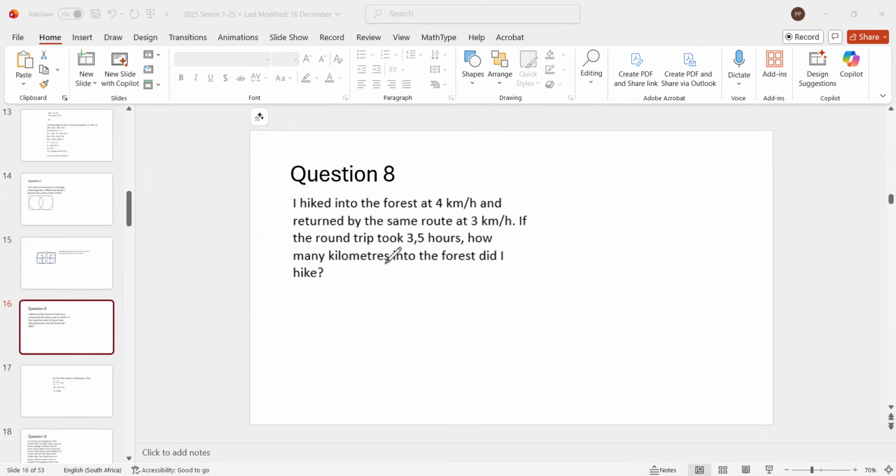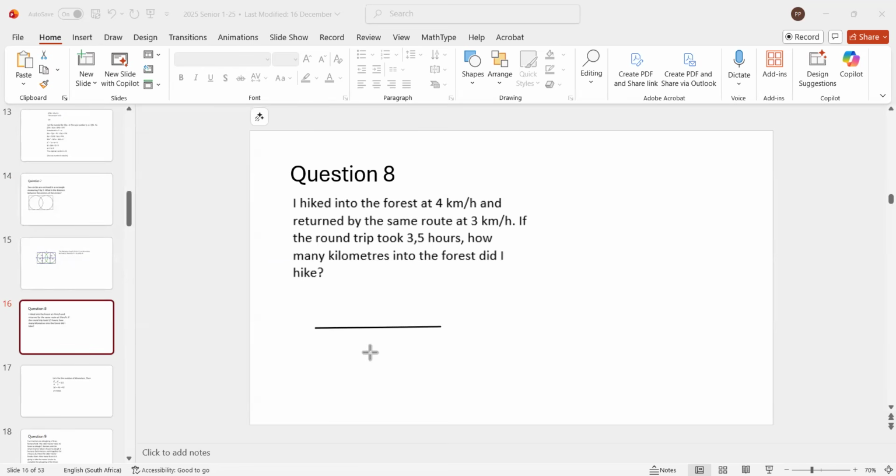I hiked into a forest at 4 kilometers per hour. Okay, so in all these distance-time problems, I like to draw some diagrams to represent the paths that these objects take.